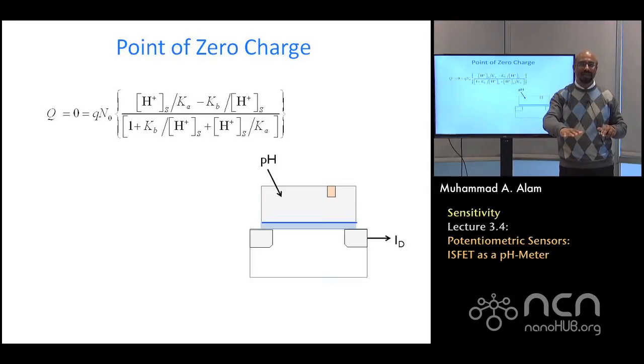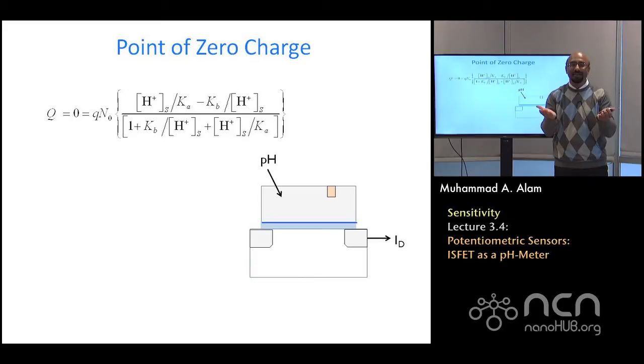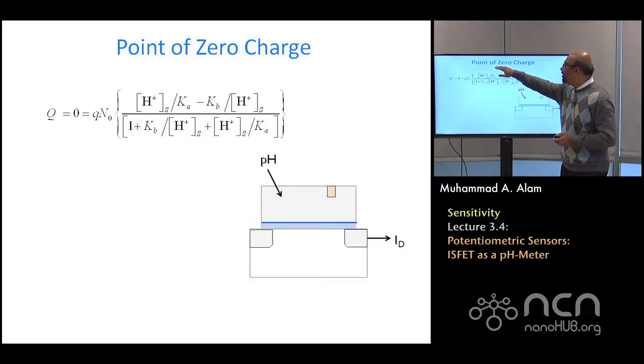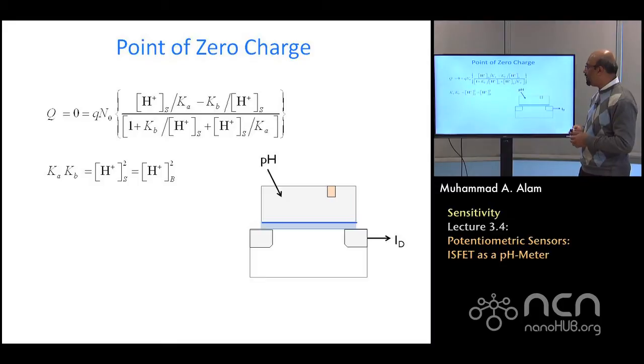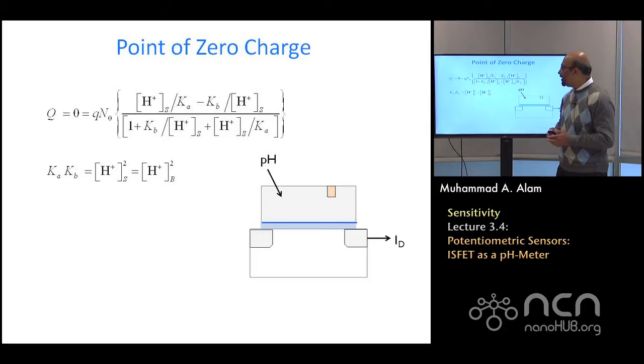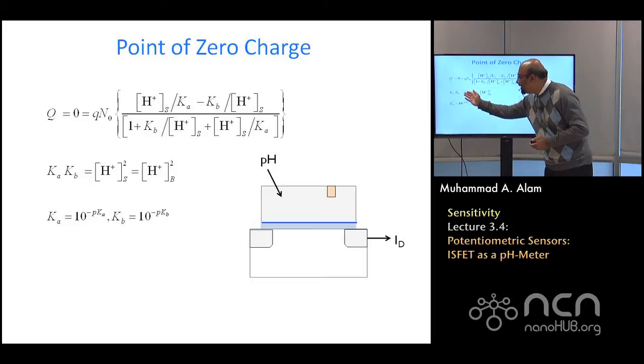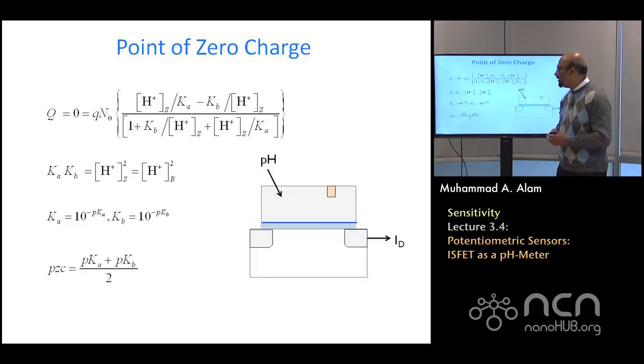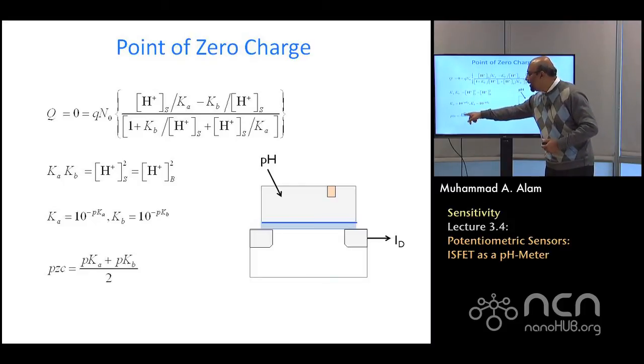So for a MOSFET sitting underneath, it will appear that the oxide surface has just become charge neutral. And that point is called the point of zero charge, or isoelectric point. You can immediately see by setting it equal to 0, you have a condition, and it becomes H squared. And if I substitute these two things in here, take a log on both sides, the point of zero charge will be pKa and pKb divided by 2, so the average of those two values.